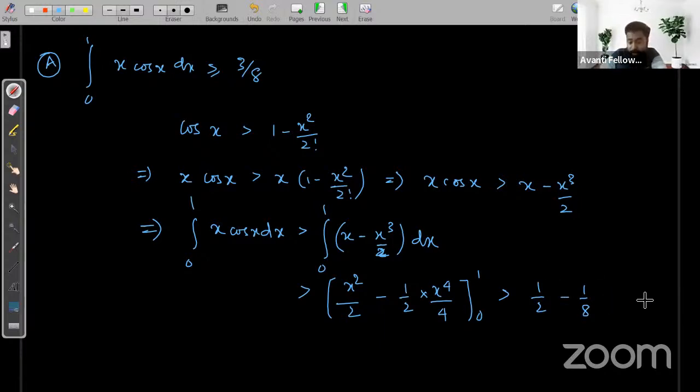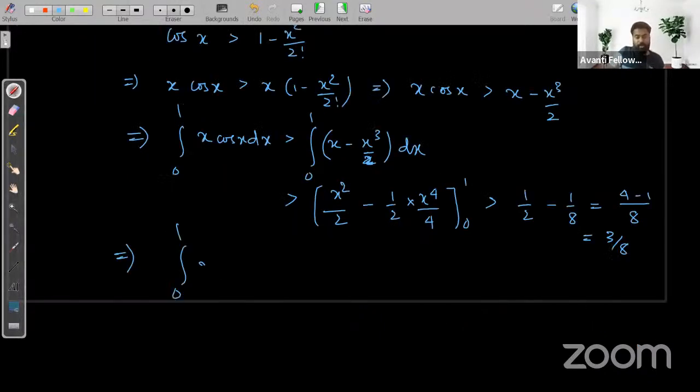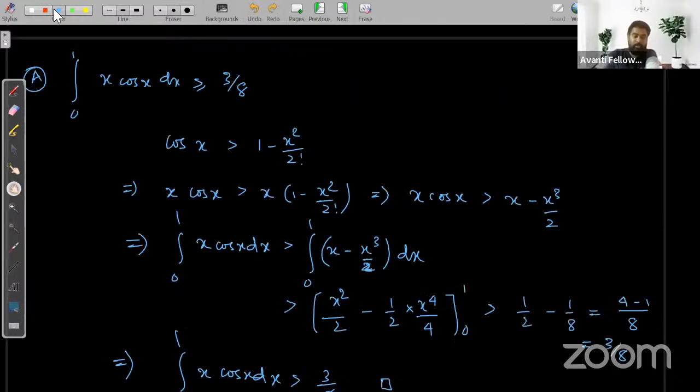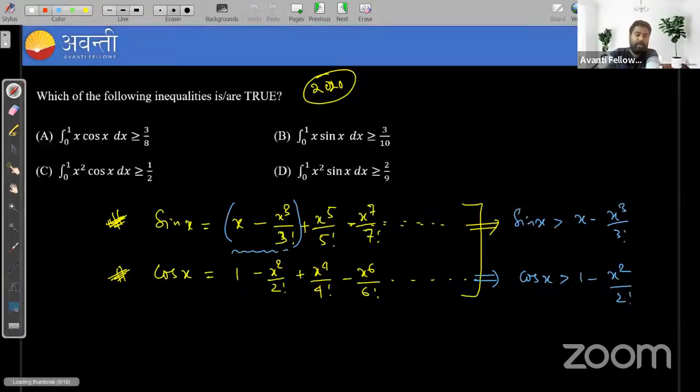So 4 minus 1 over 8, that is 3 by 8. So finally, the integration from 0 to 1 of x cos x dx is greater than or equal to 3 by 8. That means option A is correct. Yes, option A is correct.